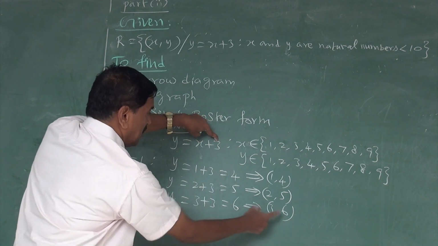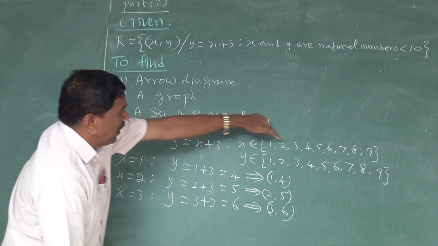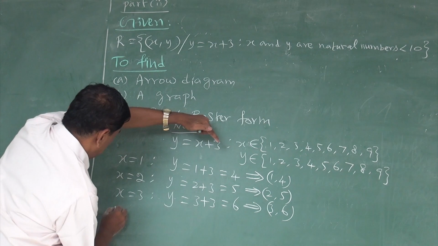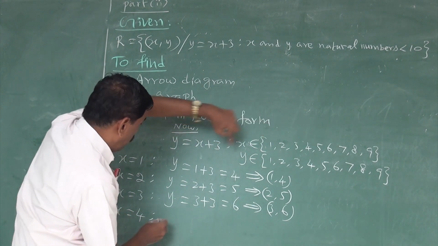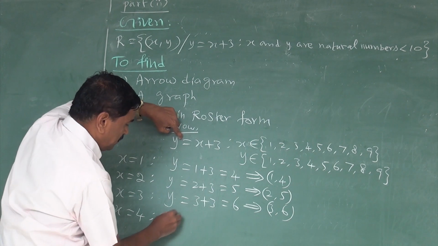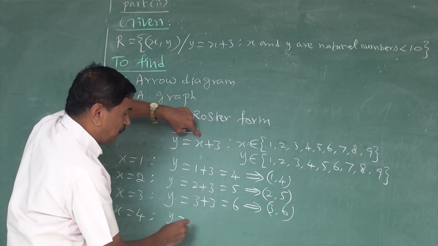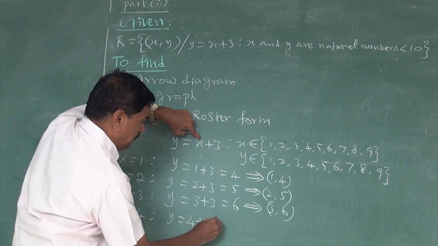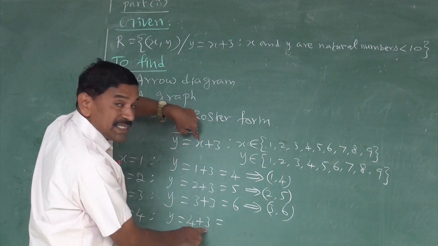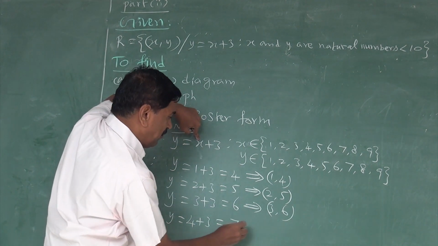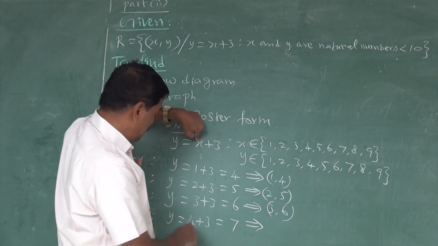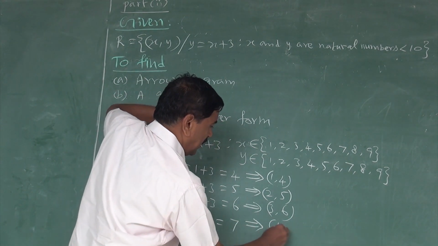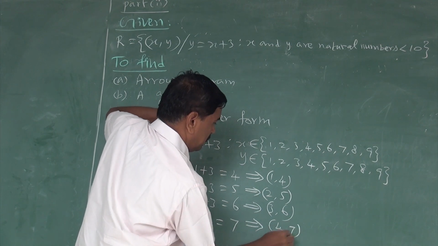Next, when x is equal to 4, y is equal to 4 plus 3, which is equal to 7. Which implies, what is the ordered pair? 4 comma 7.